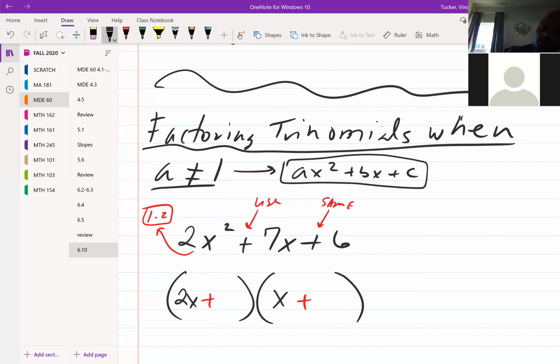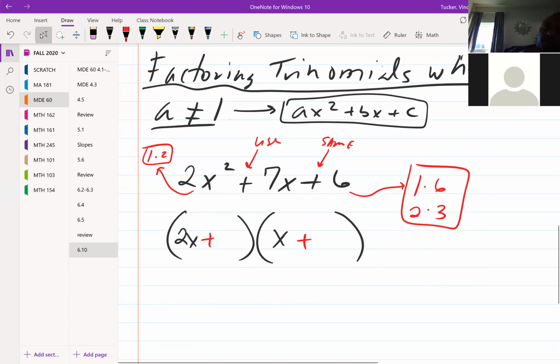All right. So now in the back, I have options. I have 1 times 6 and 2 times 3. All right. So now, when you go about factoring, remember what has to happen is that this times this. Let me go with a different color.